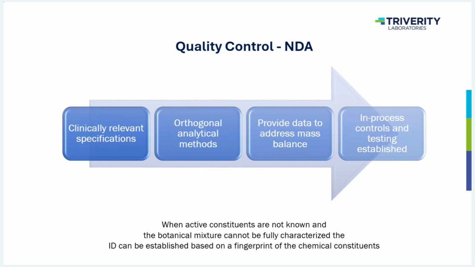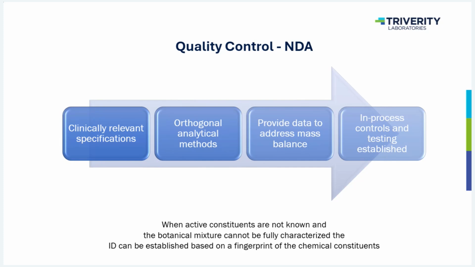You'll have methods for different, if you can characterize it, different classes of compounds. We'll go back to the hemp example, cannabinoids and terpenes. You want to provide data to address mass balance, which hopefully you can achieve, and in-process controls and testing established for your BDS and your BDP manufacturing.